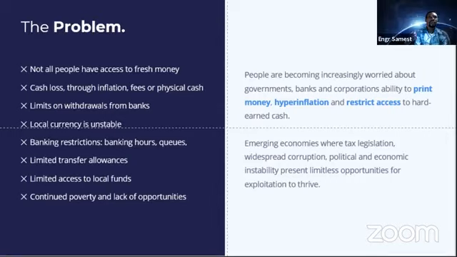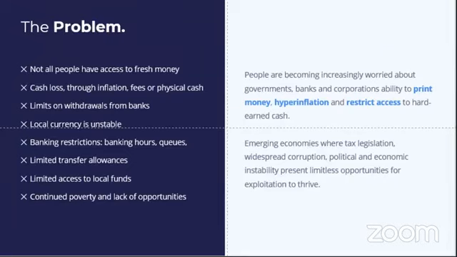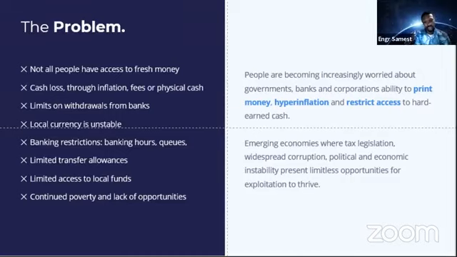The economy around the naira has really affected its value. So there is cash loss through inflation, fees, and physical cash. You lose physical cash that you keep, you don't know where you lost it, and some other factors are attached to that. Again, number 3 is, there are limits on withdrawals from banks.